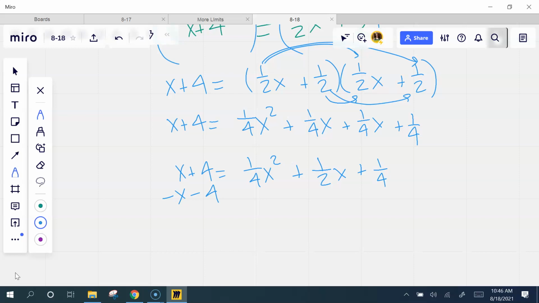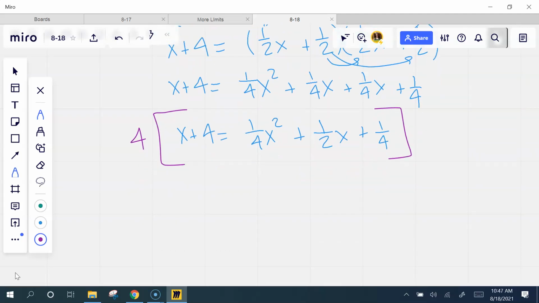And what I might do before this, I might do that LCD thing. I might go through and multiply everything by 4 to get rid of all these fractions, because I'm going to be in a quadratic situation. I may have to factor, I may have to use quadratic formula, I may complete the square, but I'm not going to want fractions when I do that.